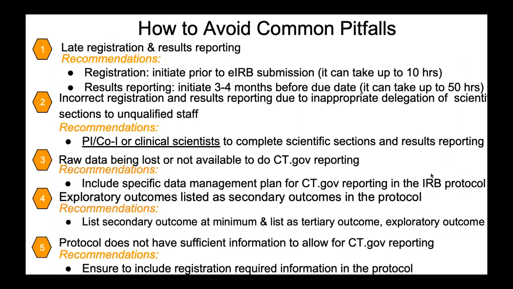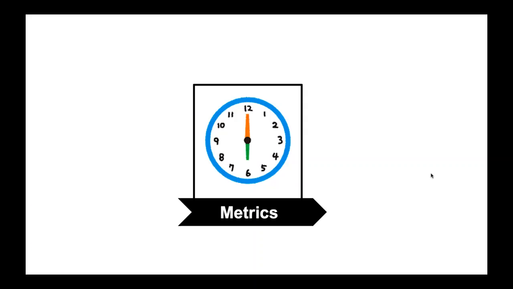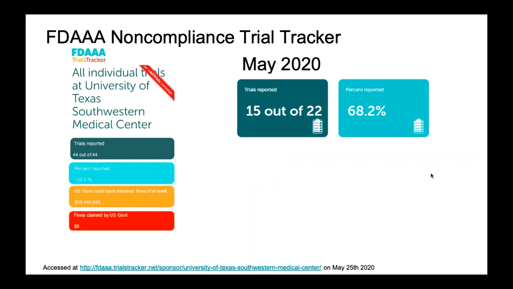So these are the first 5 common problems and our tips, the recommendations to avoid pitfalls. Now let's quickly review the metrics. According to the PETA non-compliance tracker website, UT Southwestern as a whole had a compliance rate of 68.2% in 2020.